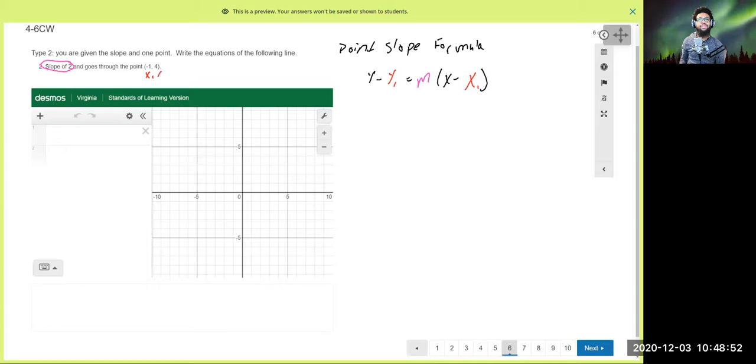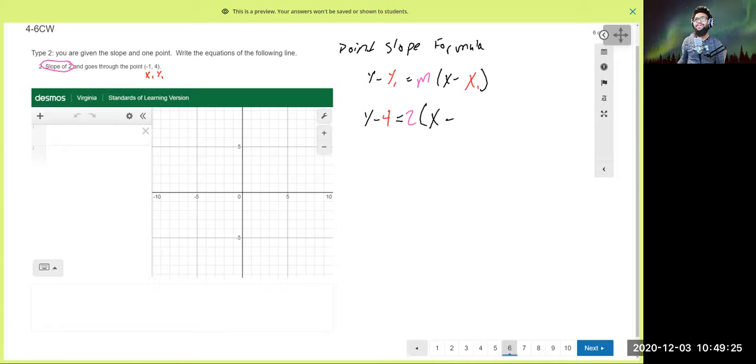And then my 4 is going to be my y1, okay? These are going to go in the spots here. So when we rewrite this equation with the data in it, or the points and information it's given us, we get y minus my y1, which is this 4, y minus 4 equals my m, which is 2, and then in parentheses x minus my x1, which is -1.